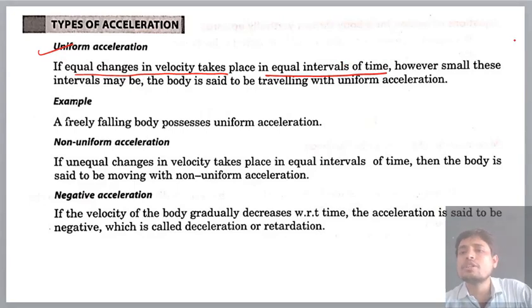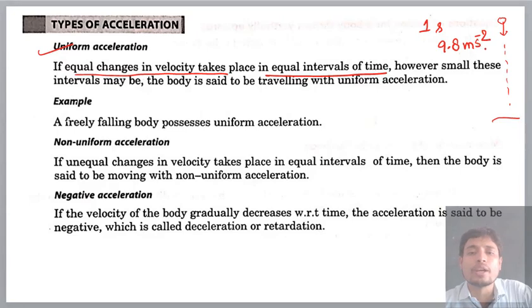Example, if you take a ball and let it fall freely under gravity, then in every second, its velocity will increase by 9.8 meter per second square. In every second means there is an equal change in equal time interval. So it is called uniform acceleration.